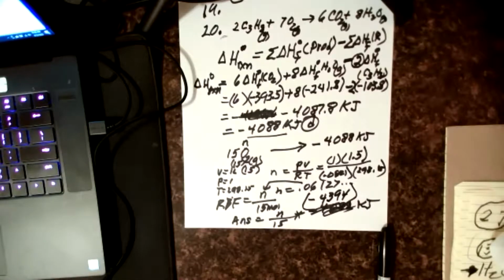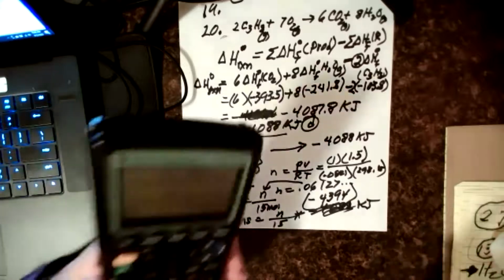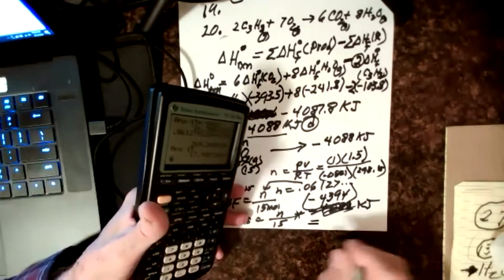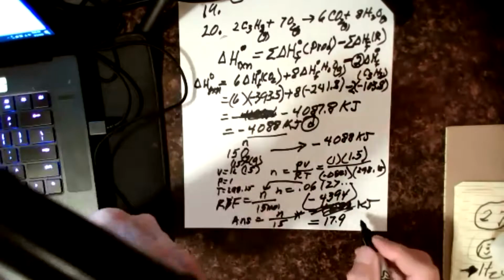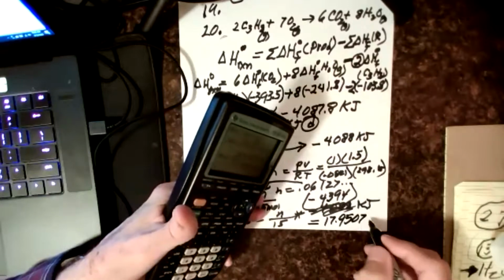So 0.06127 times the heat I gave you in the problem, which was 4394, and divide that by 15. I haven't done that. Okay, so when I do this, I come up now with the answer of 17.9507 in digits.